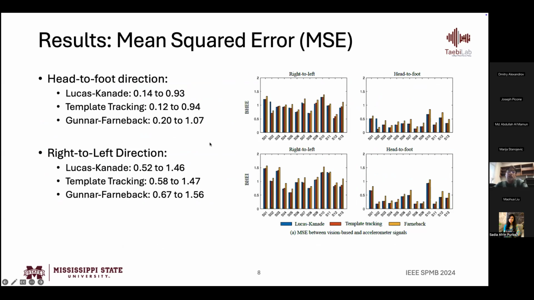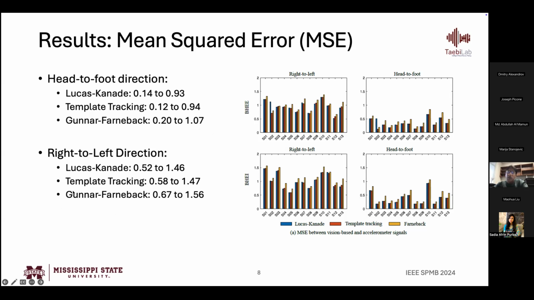Now, to quantify the similarity between the signals, we calculated the mean squared error and root mean squared error between the vision-based SCG signal and the accelerometer signal. Here, the figure shows the bar plot of the mean squared error of all methods. For the head-to-foot direction, MSE for Lucas Kanade ranged between 0.14 to 0.93, template tracking ranged between 0.12 to 0.94, and Gunnar Farneback ranged between 0.2 to 1.07.